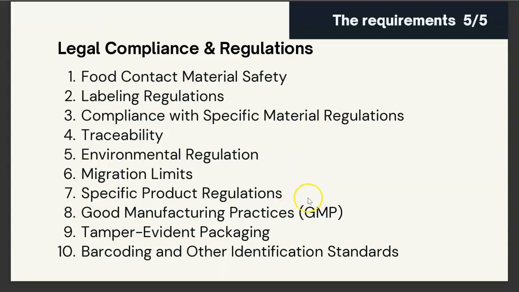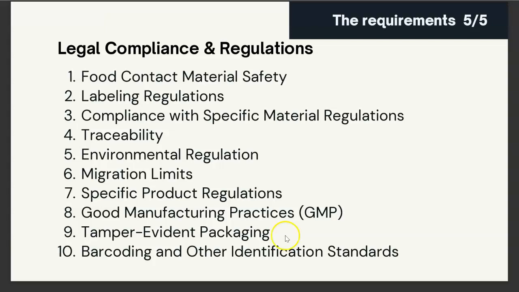And we have specific product regulation such as baby food and dairy products, they might have particular regulatory standards that we should comply with. GMP, the good manufacturing practices, or if there is any tamper evident packaging. There are certain products that require this tamper evident packaging, especially those that are prone to tampering.